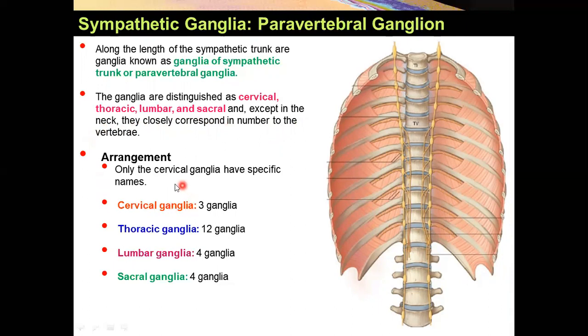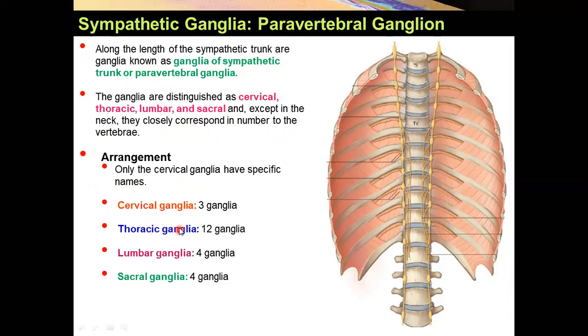But in the cervical region, the cervical ganglia unite and become 3. And we name the cervical ganglia as the superior cervical ganglion, middle cervical ganglion, and the inferior cervical ganglion.